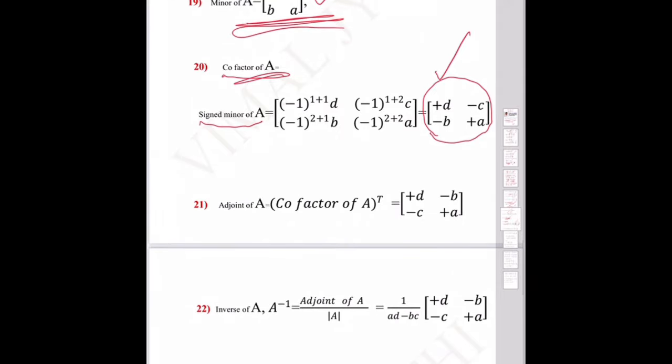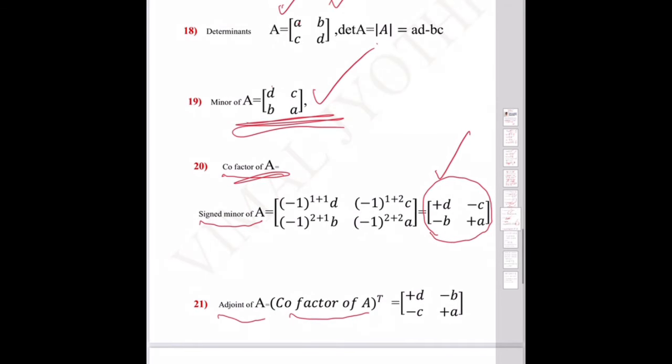Then the adjoint of A is equal to the transpose of the cofactor of A. That is very important.